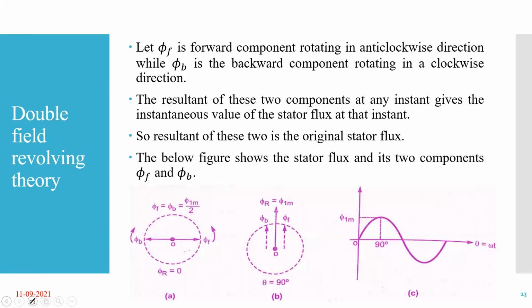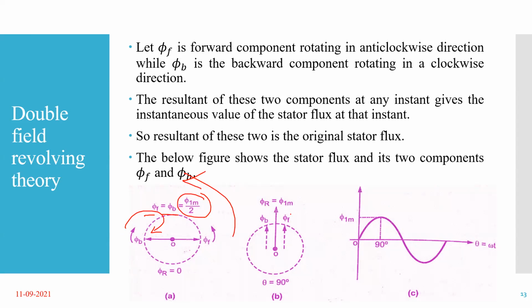Now the blue figure, you can see the figure. Suppose this is phi 1m by 2, so we have divided it into phi f and phi b. As I said, phi 1m is the maximum flux and we have divided it into two parts. You can see this is anti-clockwise and this is clockwise, so ultimately this is your waveform.